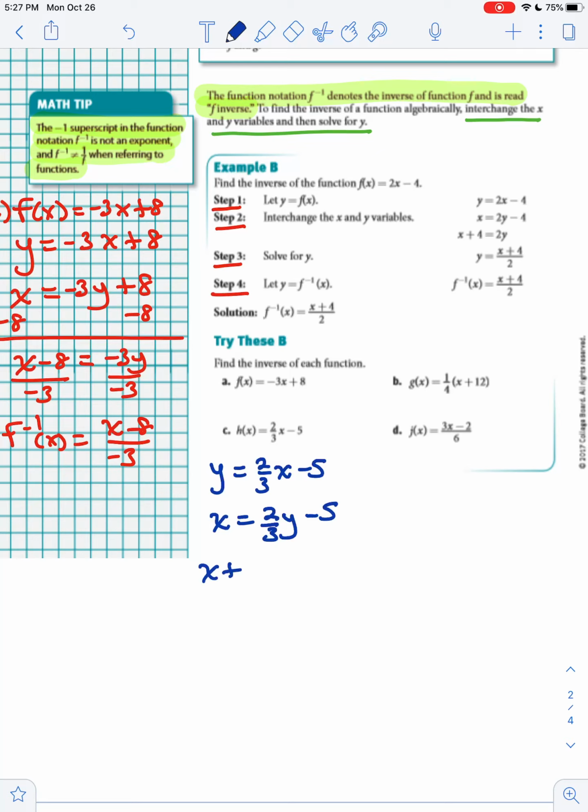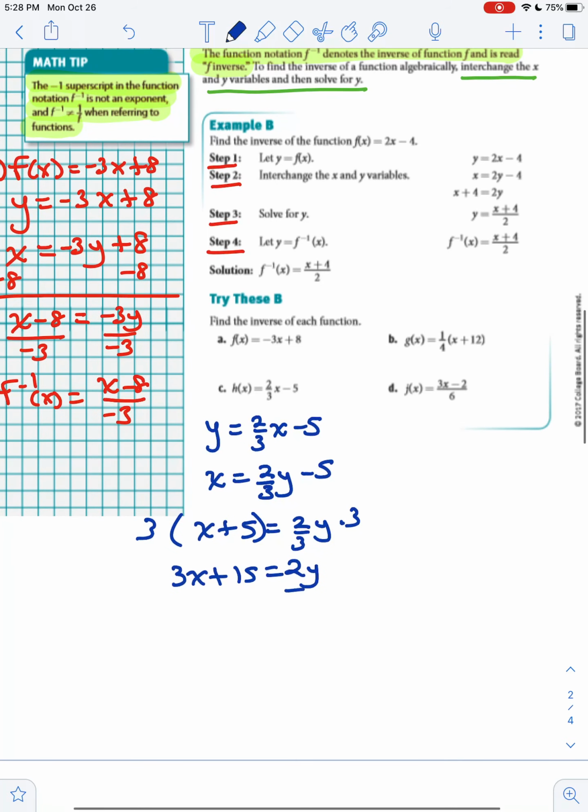Okay. Now we need to solve it for y. So I'll add 5 to both sides. When I add 5 to both sides, I'm going to have x plus 5 equals 2/3 y. And now I need to solve it for y still, so I think I might start by multiplying everything by 3 on both sides and get rid of the fraction.